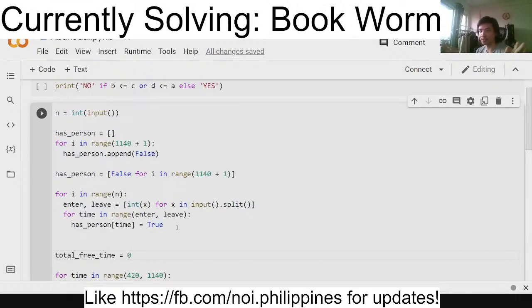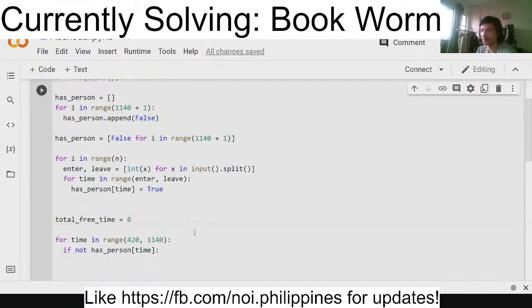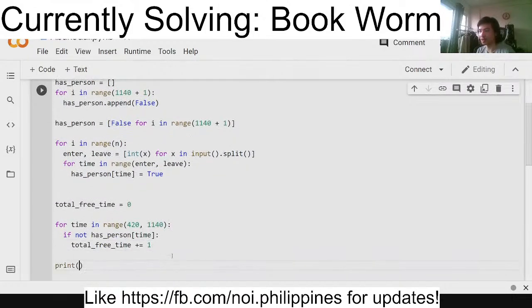Let's call it the total free time. It's the amount of time where the robot is free to go out because there's no people. So total free time has to increase, and I can print the total free time at the end.